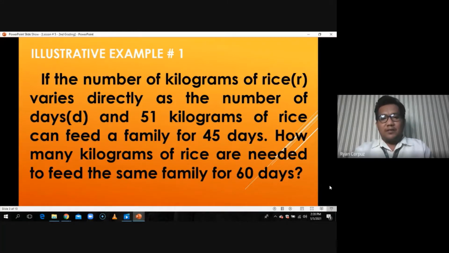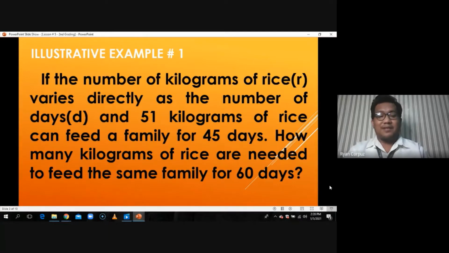So this is a problem involving particularly direct variation because of the statement that the number of kilograms of rice represented by R varies directly as the number of days D. So the number of kilograms varies directly to the number of days.